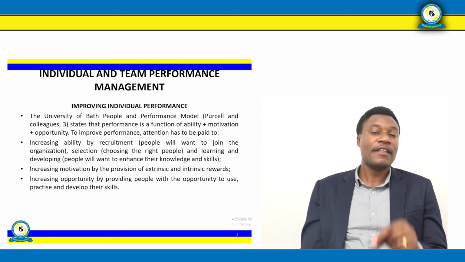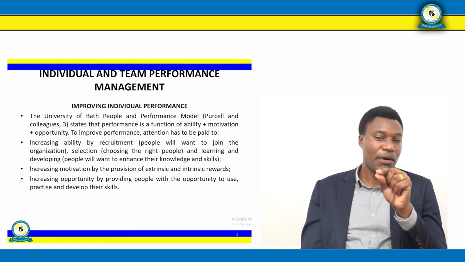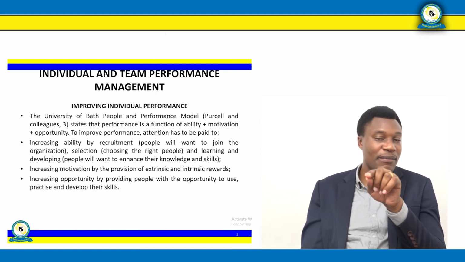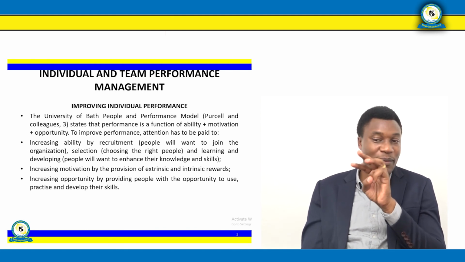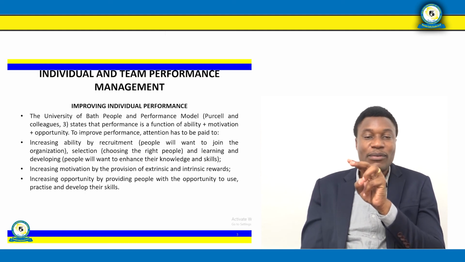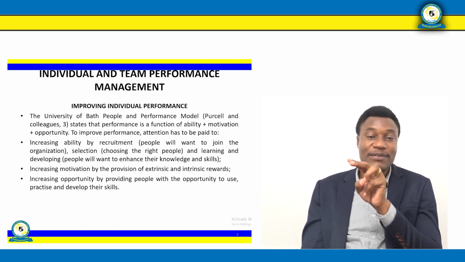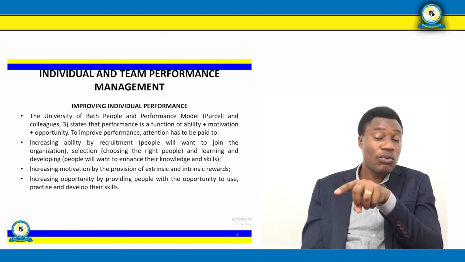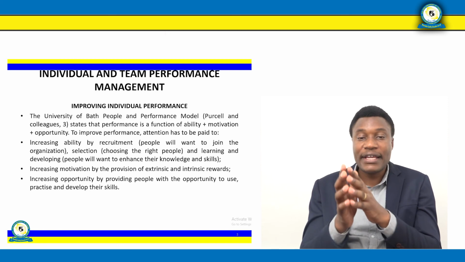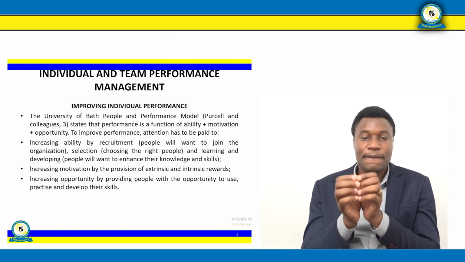For performance to be seen, there must be three things inside it: ability, the capacity of the person; motivation, the morale the person has in performing that activity; and the opportunity within that activity. When we add these, we get performance.